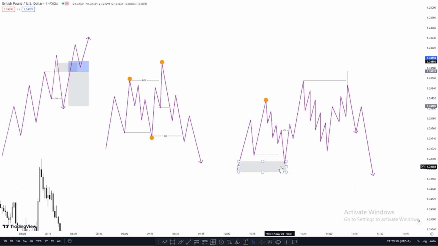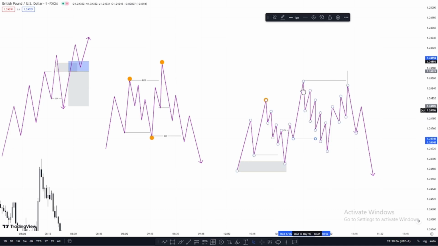Can you see that? Now, the second way is this. After price tapped into your higher time frame point of interest, price rotated back down and took out this first internal structure low here. Can you see? It took out this first internal structure low to confirm this high as a valid high. So this becomes your valid high in the market. Why?